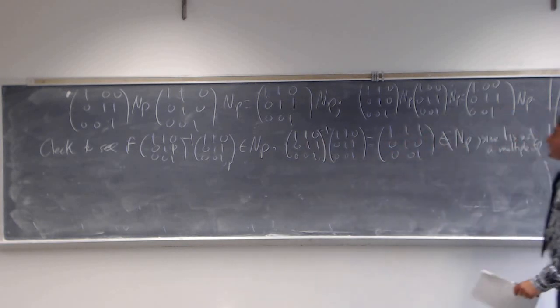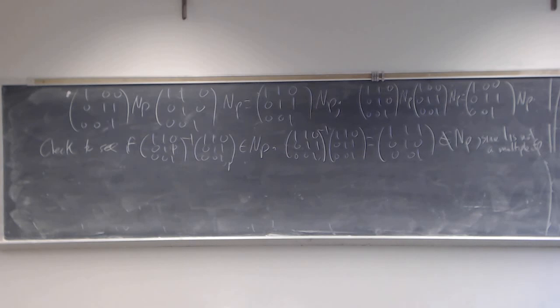But in any case, the product of the inverse of one times the other is most definitely not in N of P. And so that's why the two of them are not equal. In fact, let me pause the video now. We'll return to this in a second.